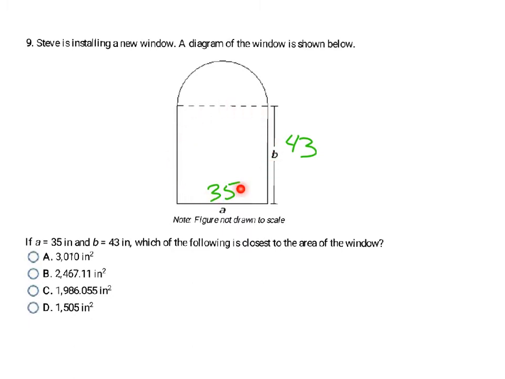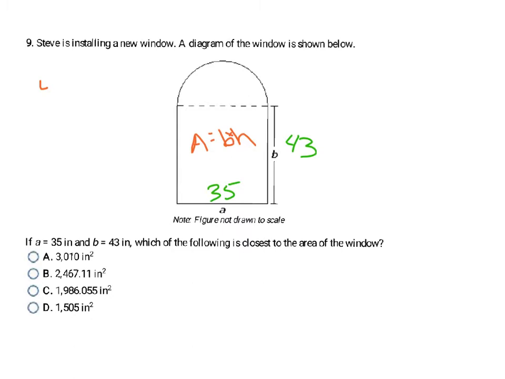So if I look, I'm going to have to find the area of this rectangle and then the area of this half circle. So the area of the rectangle is going to be area equals base times height.